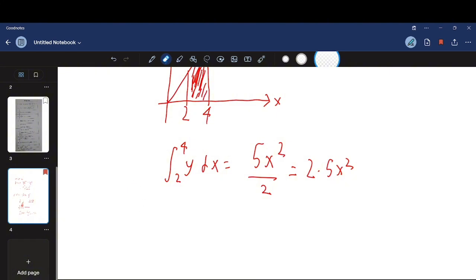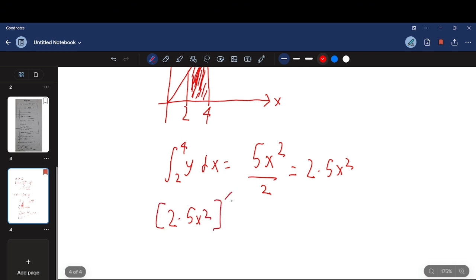Let's see. When we are done with the integration, when we find the equation of integrating y, we write the equation 2.5 x squared, then we put our brackets beside it, and then we put the limits at the right corners, 4 at the top and 2 at the bottom. Then first we substitute 4 into that equation.